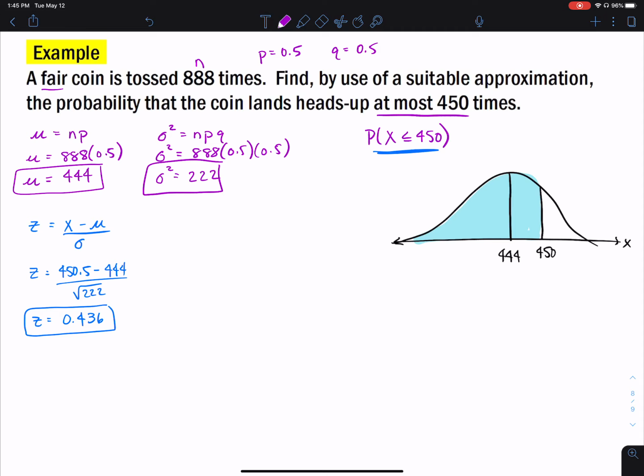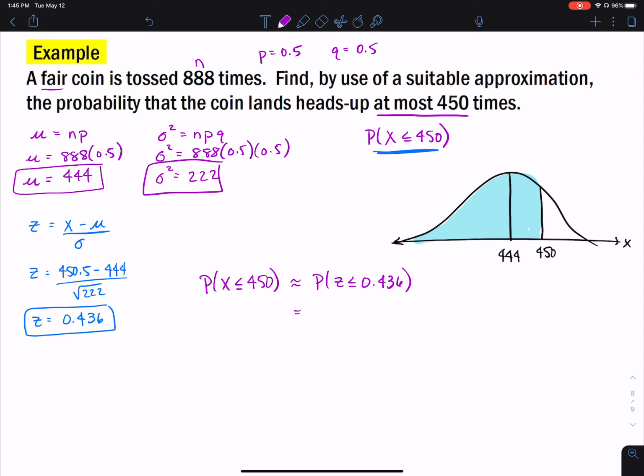So the probability that x is less than or equal to 450 is approximately the probability that z is less than or equal to 0.436. Once again, we can look directly at our table because our z-score is a positive value to the right of the mean, and we're calculating something less than it.